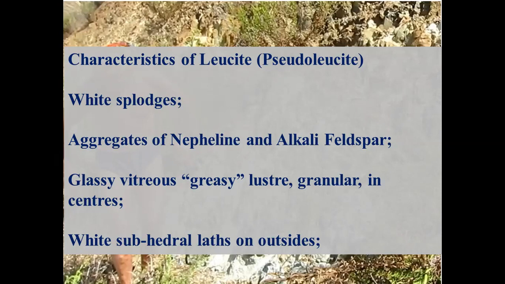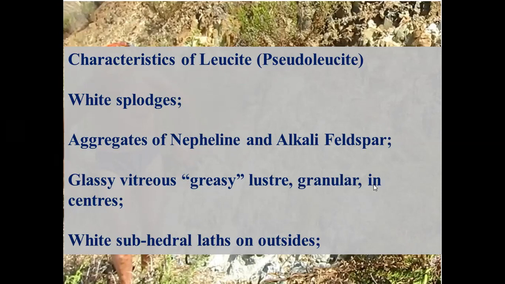And the center, the other alteration product of leucite, is nepheline. It's the nepheline that is generally on the inside, and it's that glassy, vitreous, greasy material that we saw in those sections. Again, it's granular, won't have any real good crystal shape.